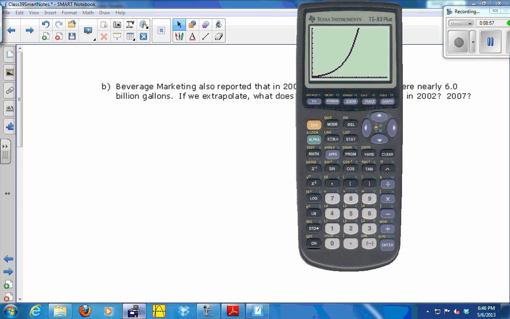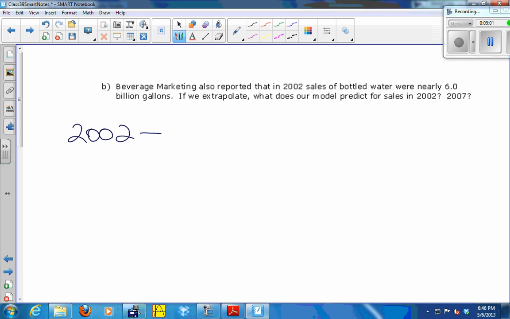So I want to plug into this model some value. 2002 corresponds to t equals what? Yes, 26 years.